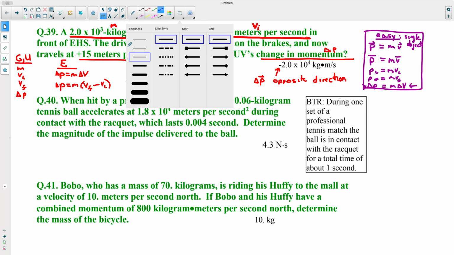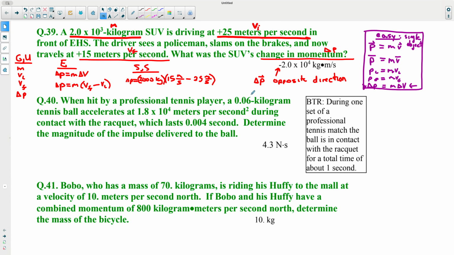Actually, this becomes a more useful concept when you recognize that impulse, which is a vector, is change in momentum. Which then means that impulse here is going to be negative. And if you further look at your reference table, the impulse will be exactly negative 20,000.